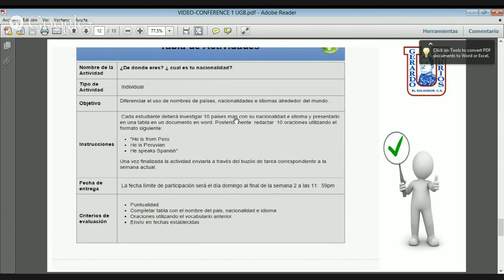Tipo de actividad, si es grupal o individual. El objetivo, tomarlo muy en cuenta para saber lo que se va a hacer. Las instrucciones, seguirlas al pie de la letra. La fecha de entrega, en algunas ocasiones yo recibo tarde las actividades, solo que tal vez se les puede bajar punto, pero tratar de enviarla siempre puntual.